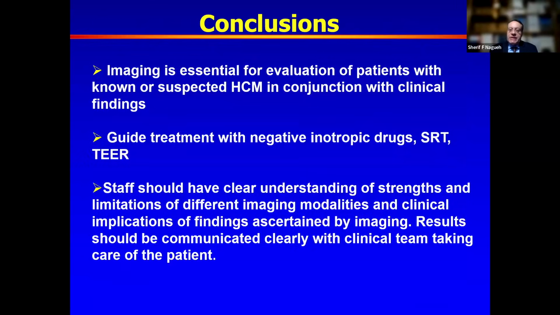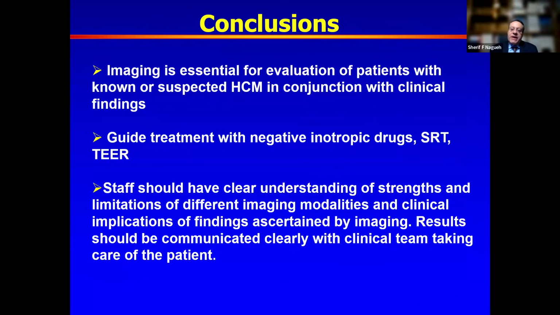So in conclusion, imaging is essential for the evaluation of patients with known or suspected hypertrophic cardiomyopathy in conjunction with clinical findings. It guides treatment with negative inotropic drugs, with septal reduction therapy, and if needed, transcatheter edge-to-edge repair, TEER.